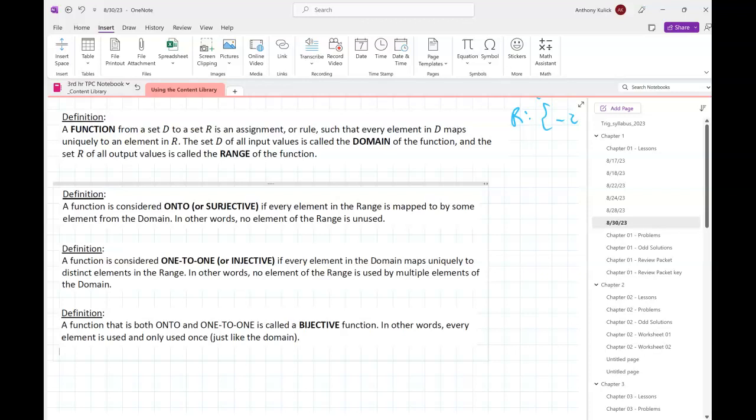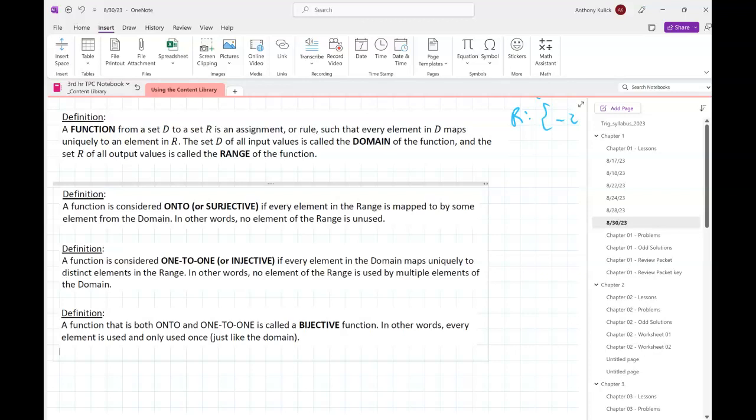Everybody's okay with that idea? The next term, a function is considered one-to-one, or some textbooks call that injective, if every element in the domain maps uniquely to distinct elements in the range. In other words, no element in the range is used by multiple elements of the domain. So no range could be used more than once.